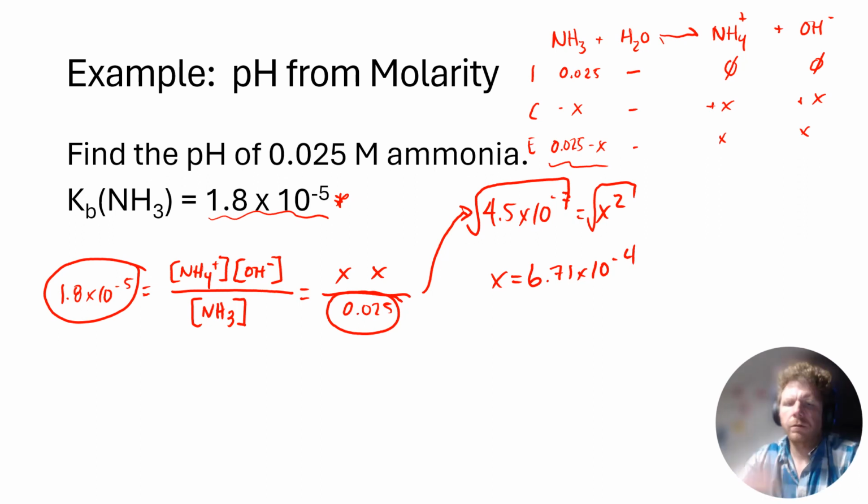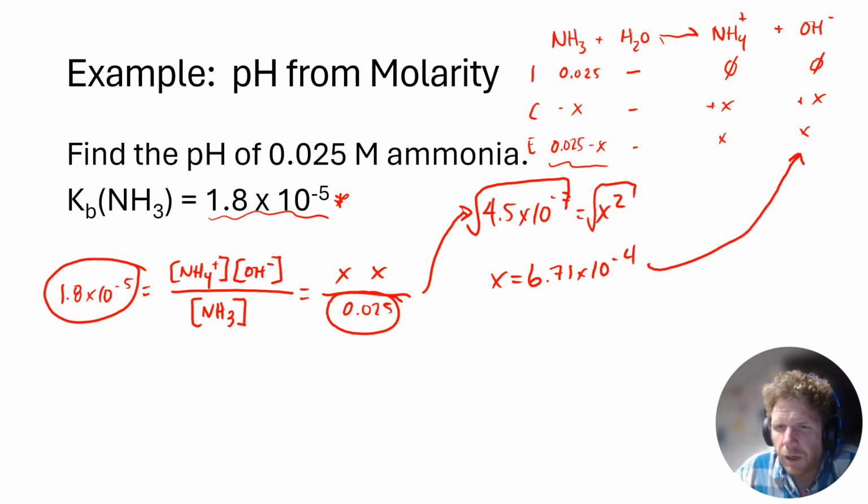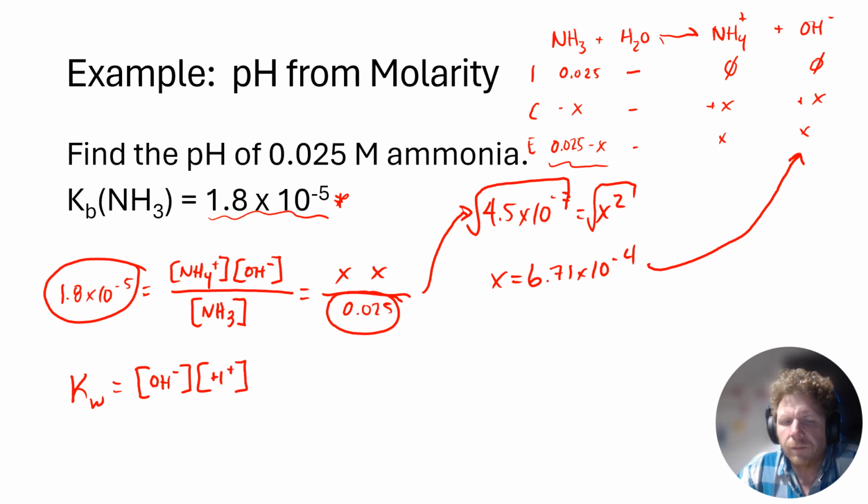What did I just solve for? I solved for X, which gives me my hydroxide concentration. One thing I have in my back pocket is Kw. Kw is equal to my hydroxide ion concentration times my hydrogen ion concentration, and Kw is 1.0 times 10 to the negative 14th.